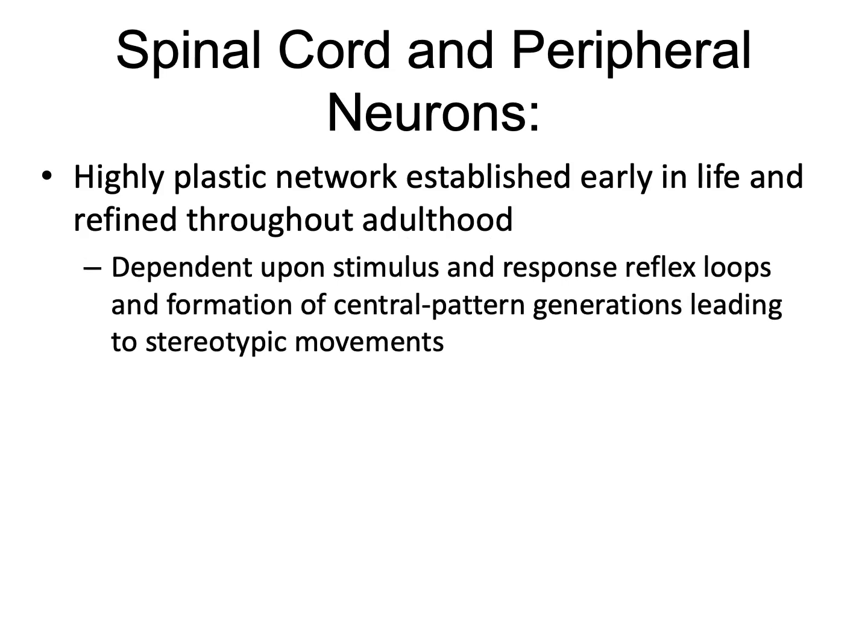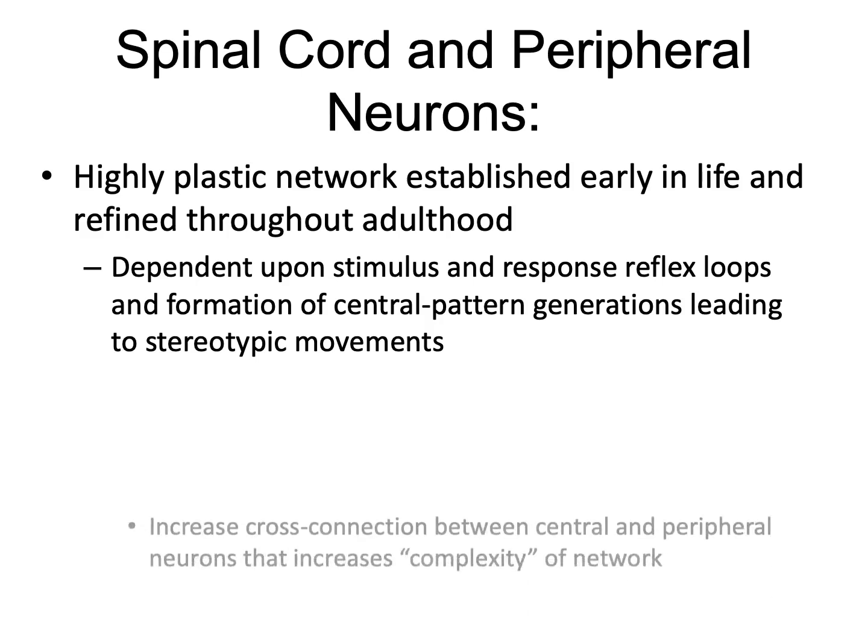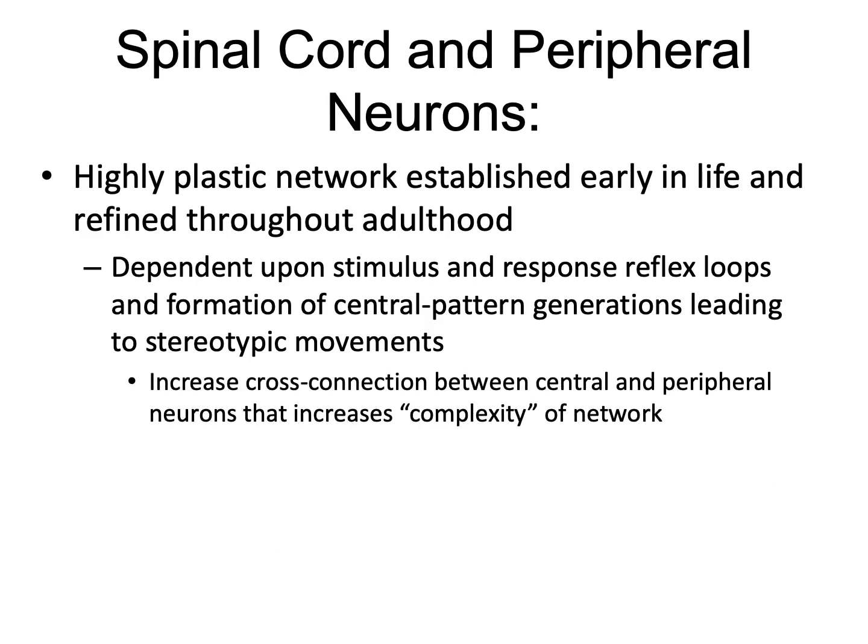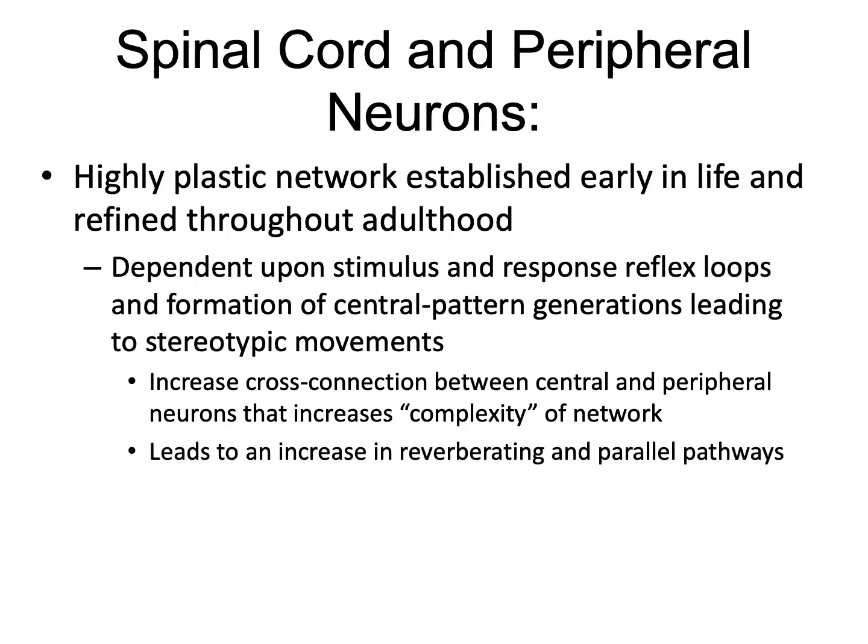The patterned movements lead to centrally pattern generated actions or stereotypic movements. This leads to the ability to cross-link between stereotypic movements and increase the complexity of movement that we have. We're also able to refine that movement through reverberating and parallel pathways so that we're able to get the correct pattern of motion that we want.